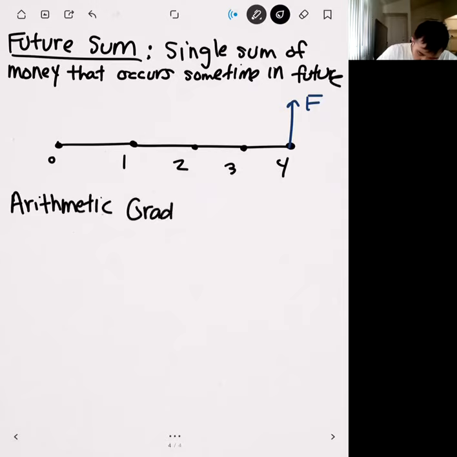The last one that we have is an arithmetic gradient. What this represents is an increase or decrease in a recurring cost or benefit.